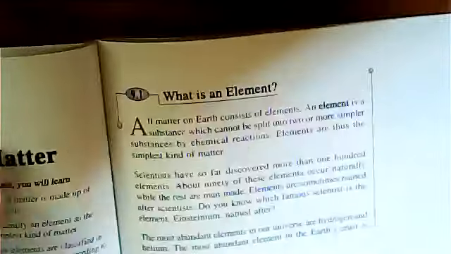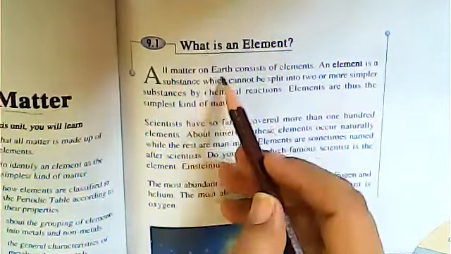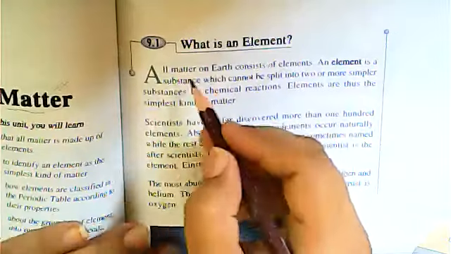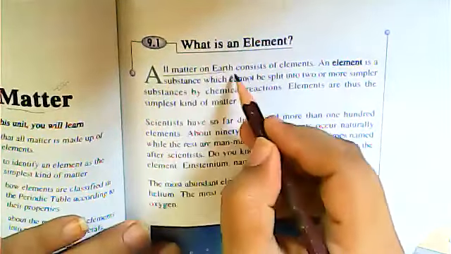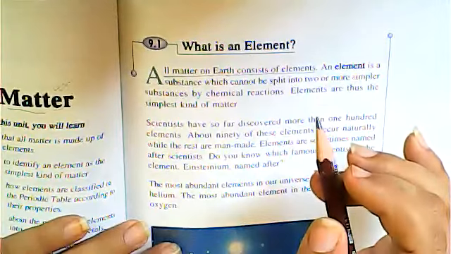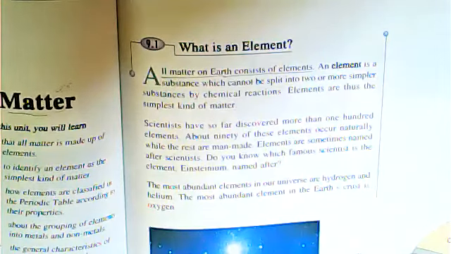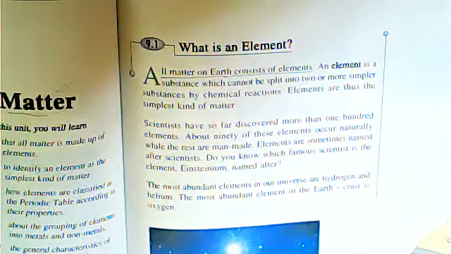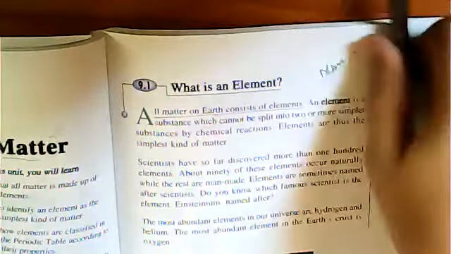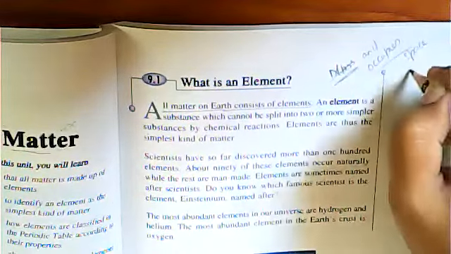Now look here. What is an element? All matter on earth consists of elements. There is a difference between weight and mass. Matter is that which has mass and occupies space.